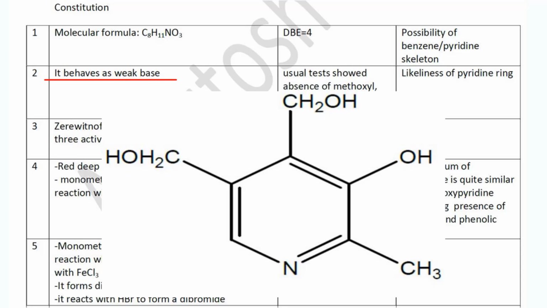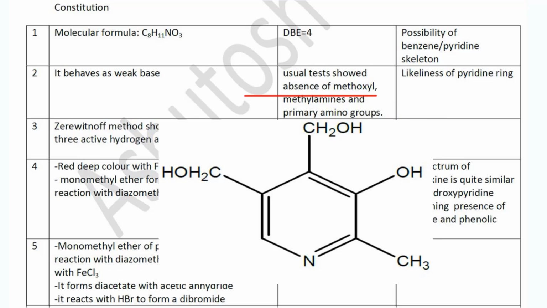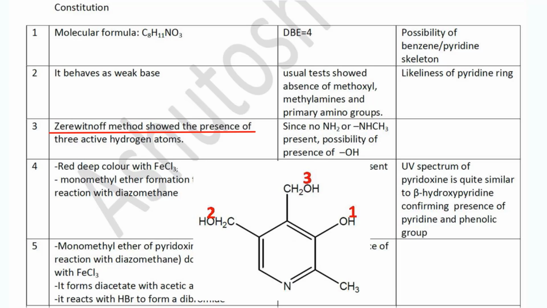It behaves as a weak base. Usual tests showed the absence of methoxyl, methylamine and primary amino groups, which makes a pyridine ring likely. Zerewitinoff method showed the presence of 3 active hydrogen atoms.